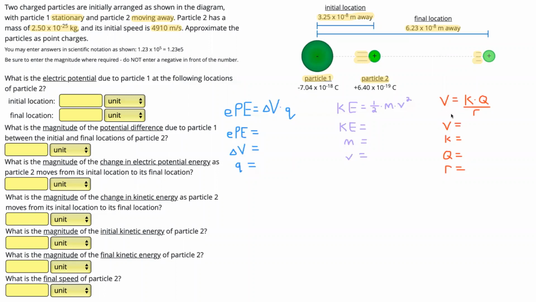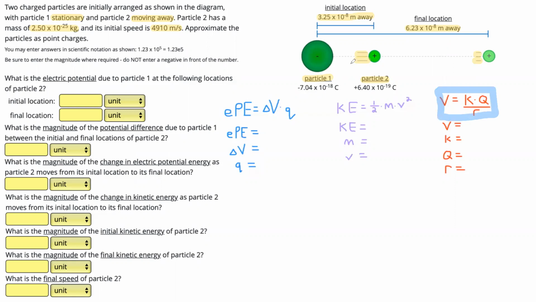You're going to find that electric potential by putting your numbers in from the question. So I'm not going to go through every step of that. You should be confident on that by now, but this is the equation we're using for the electric potential due to a particle at a given distance away.